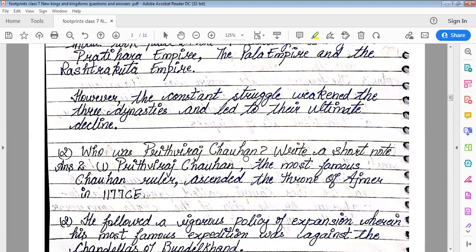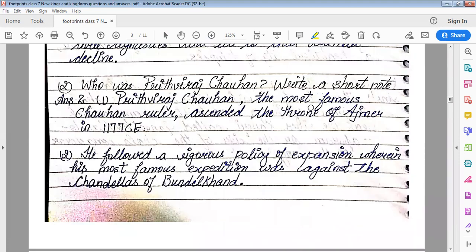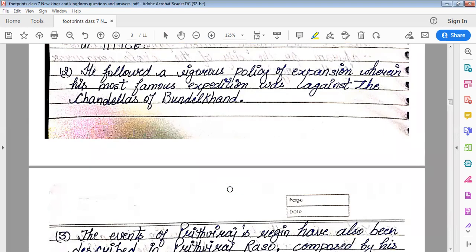Who was Prithviraj Chauhan? Write a short note. Prithviraj Chauhan, the most famous Chauhan ruler, ascended the throne of Ajmer in 1177 CE. He followed a vigorous policy of expansion, wherein his most famous expedition was against the Chandelas of Bundelkhand.